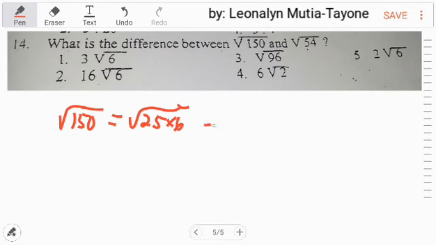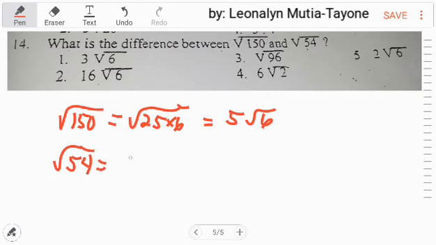At itong 25, pwede na nating may square root yan. So, square root of 25, and that is 5. 5 square root of 6. In other words, itong square root of 150 is equivalent to 5 square root of 6. Kasi pina-factor out muna natin, hinanapan natin ng perfect square. So, meron 25.